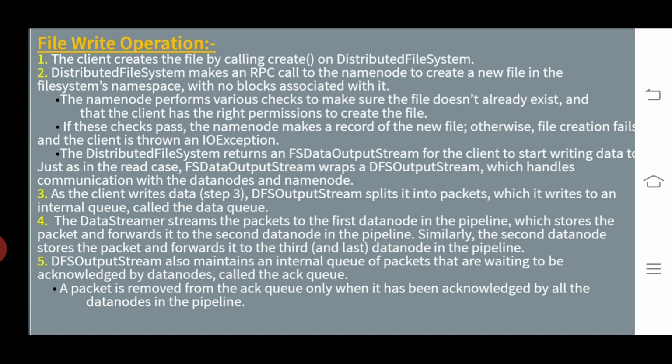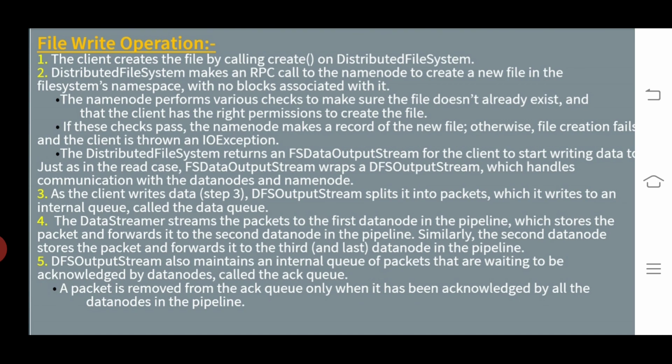Then we have to learn about step 2 only. The name node performs various checks to make sure that the file does not already exist, and that the client has the right permissions to create that file. If these checks pass, the name node makes a record of the new file; otherwise the file creation fails, and the client is thrown an IO exception.